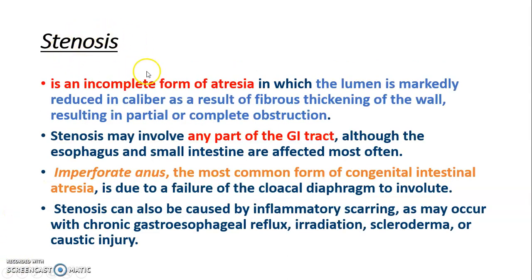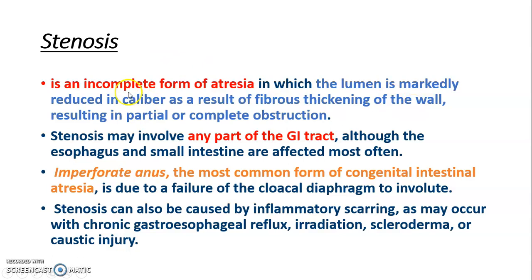Now, the stenosis. Stenosis is an incomplete form of atresia in which the lumen is markedly reduced in caliber as a result of fibrous thickening of the wall, resulting in partial or complete obstruction. So, in stenosis, there is partial or complete obstruction of the lumen due to fibrous thickening of the wall, while in atresia, there is complete absence.